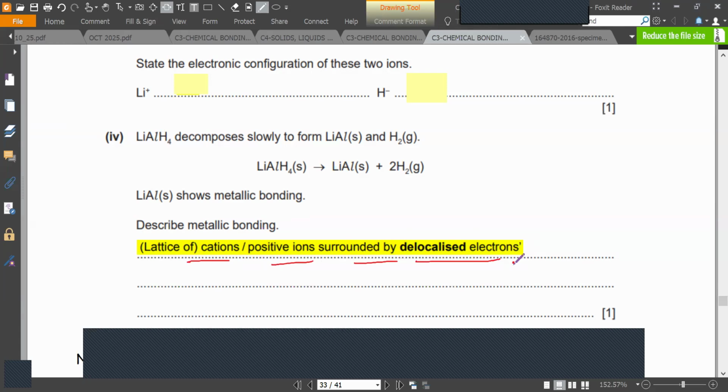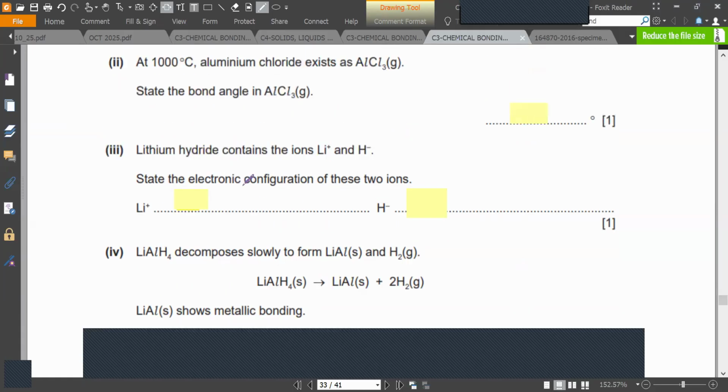Next. Lithium hydride contains ions of lithium and hydride. State the electronic configuration of these two ions. So we start with the lithium atom, zero oxidation state, and hydrogen atom, zero oxidation state.